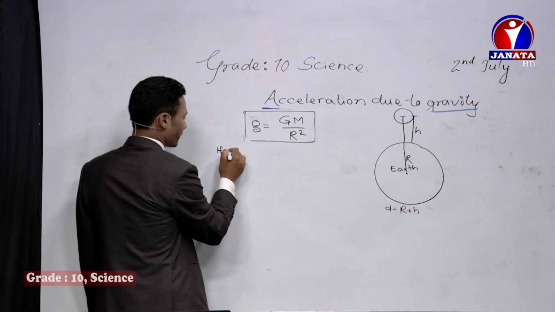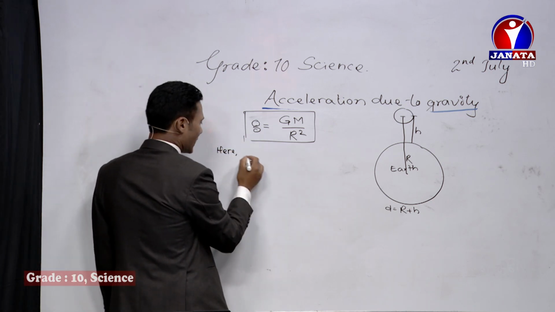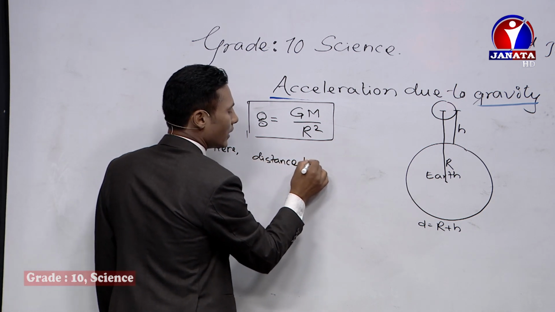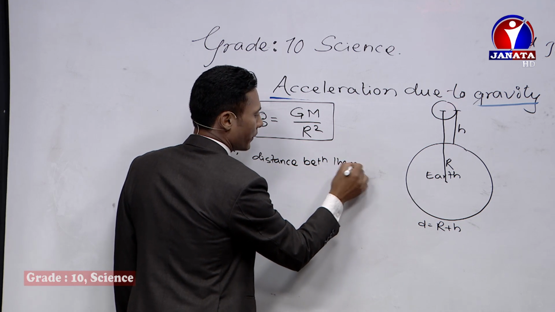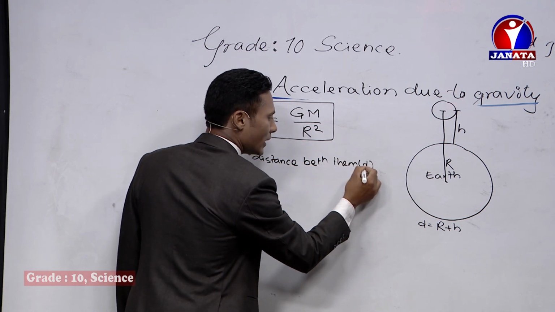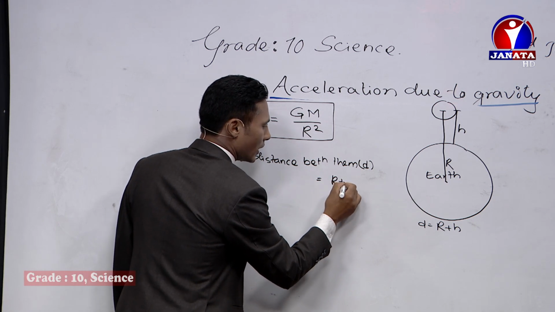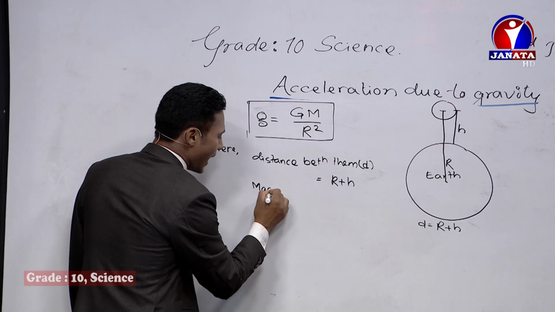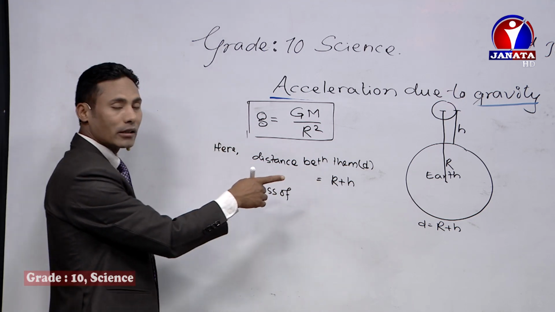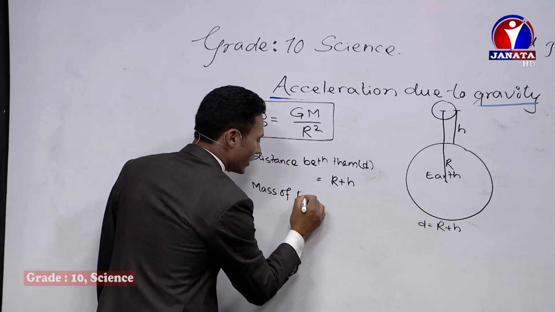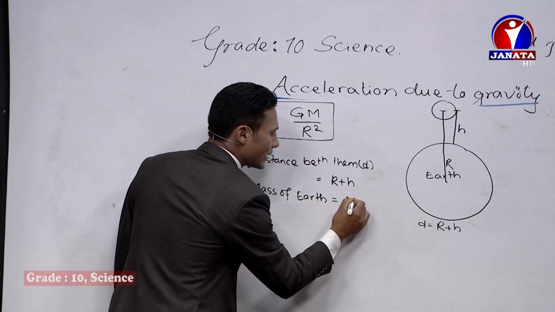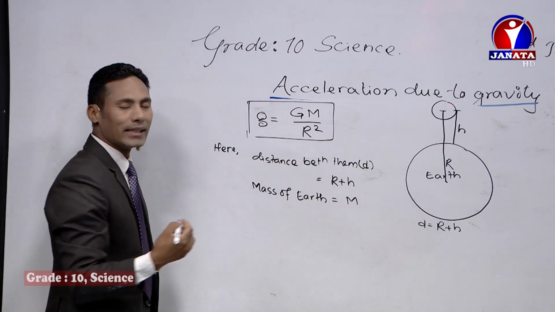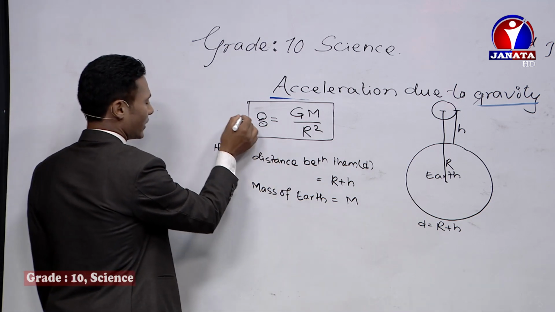Here the distance between them, if I represent it by d, is r plus h. Then the mass of the heavenly body, here earth, let's say capital M, and the mass of the small object we can take as small m, but I'm deriving directly from this.